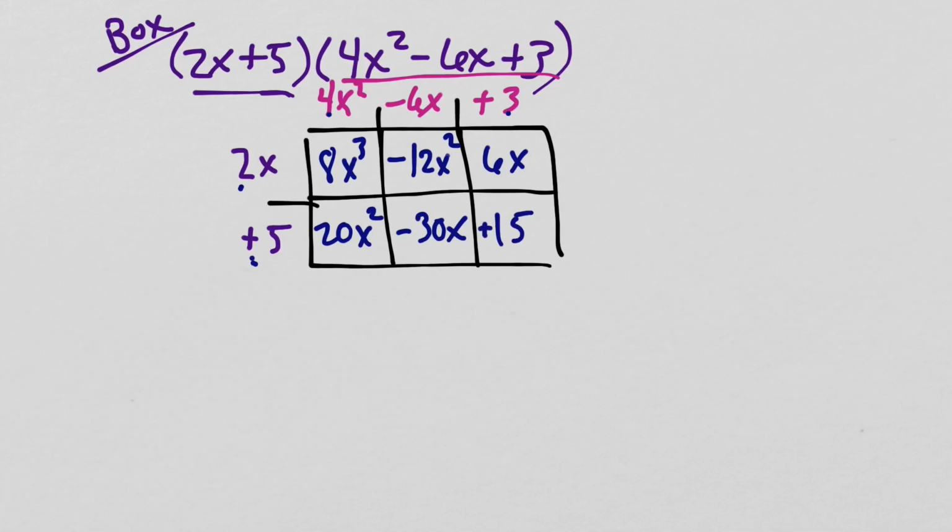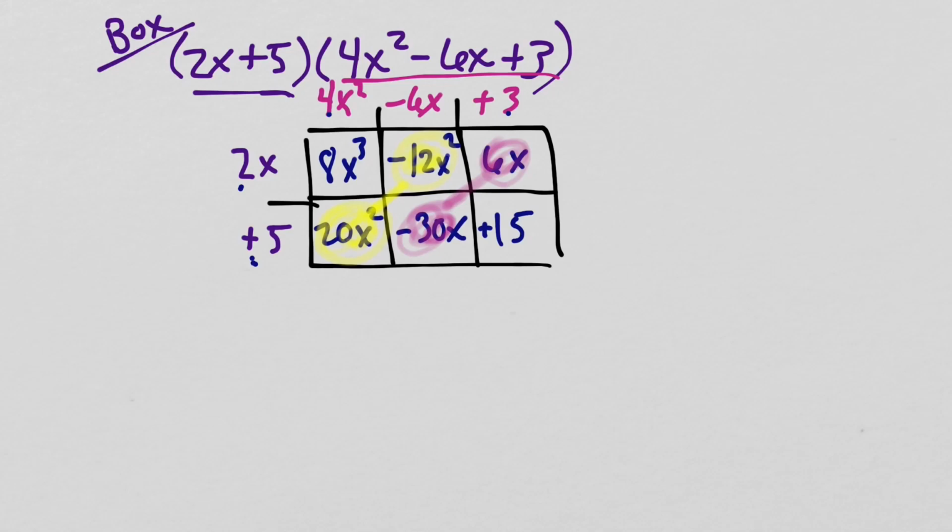But it's positive. Okay, so now what we can do is look at these diagonals. So these two right here are a diagonal. These two here are a diagonal. And notice how the diagonals have the same degree.